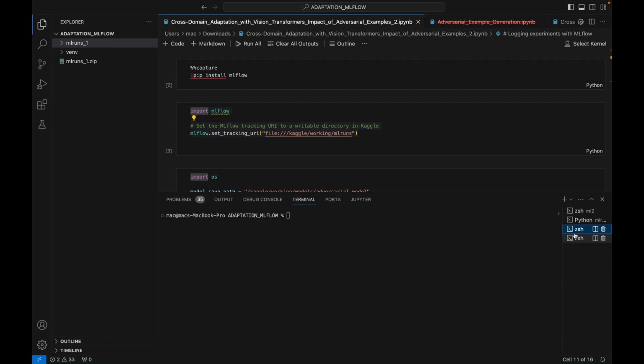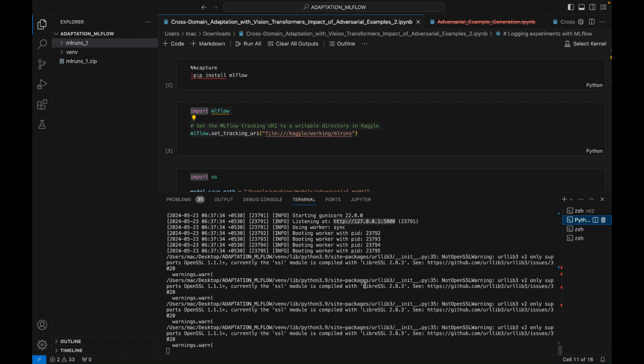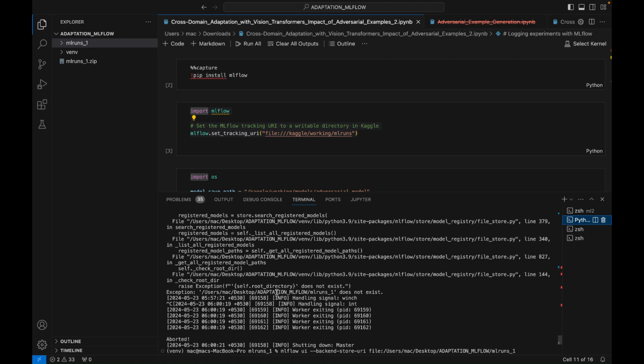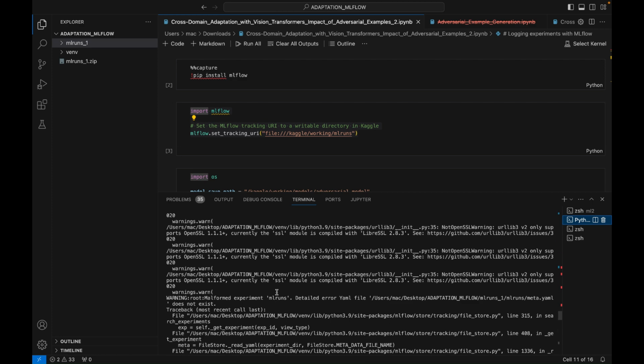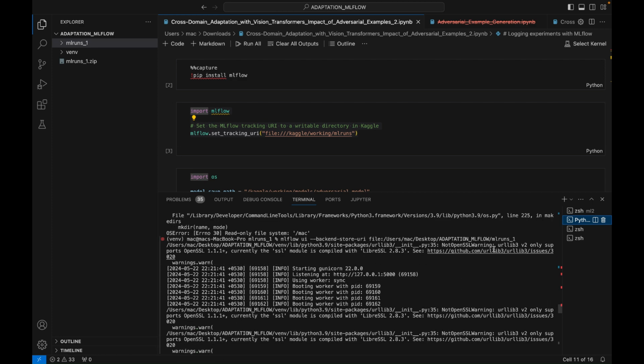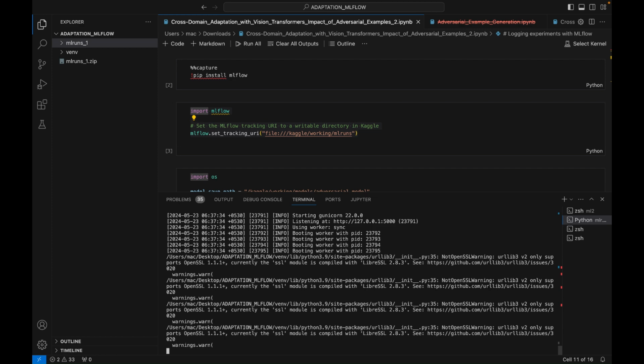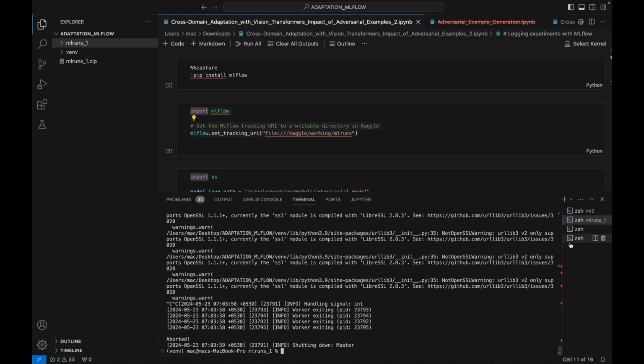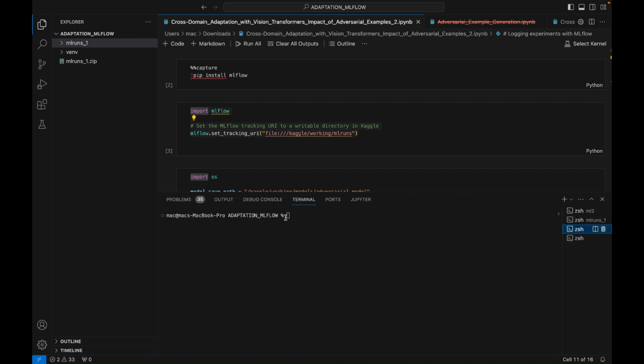This is my previous run which I got running. Now, this is our ML runs one, which has been created from the MLflow pipeline.